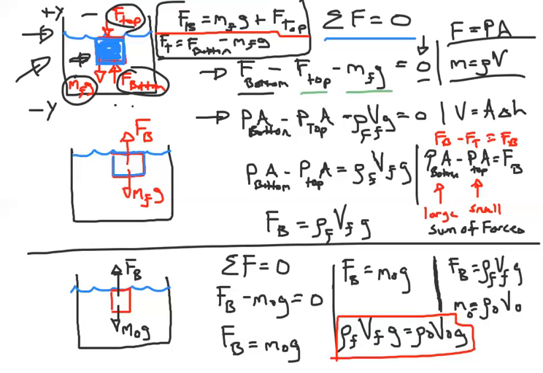What's important is that you're seeing the exchanges that I'm making. I'm exchanging force for pressure times area. I'm exchanging mass for density times volume, right? And it's very important that you're able to do these things on your own, because this is the math that you need to solve problems, to solve questions that we're going to ask you.